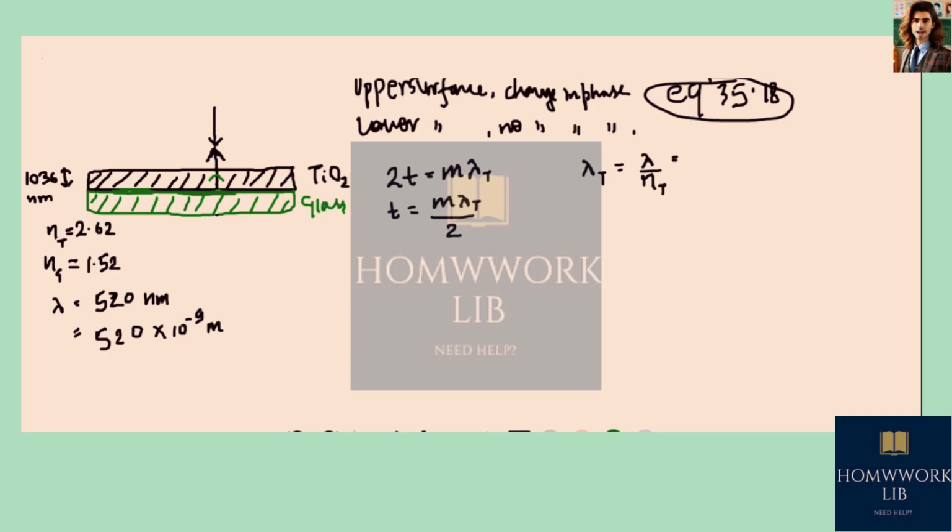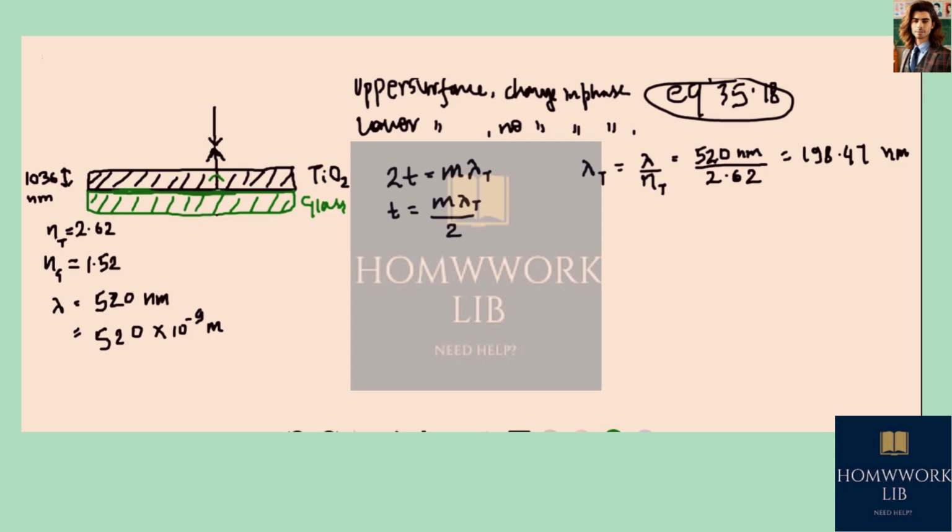So this is equal to 520 nanometers divided by the refractive index, 2.62. This gives the new wavelength inside the titanium as 198.47 nanometers.